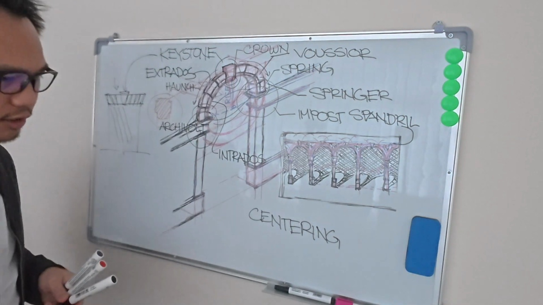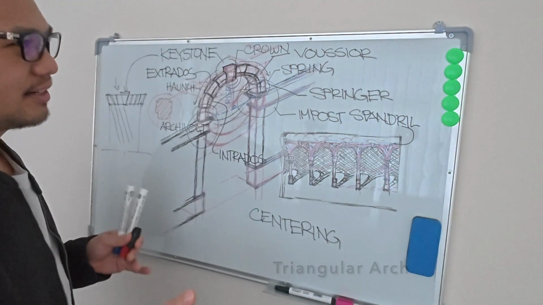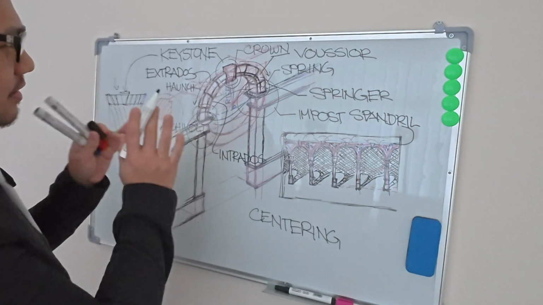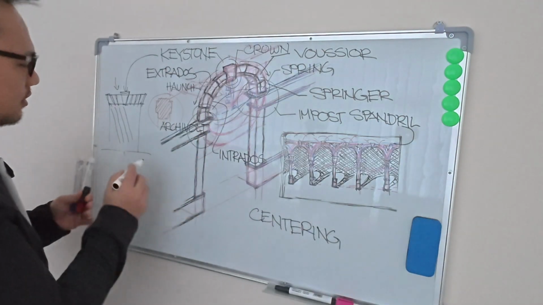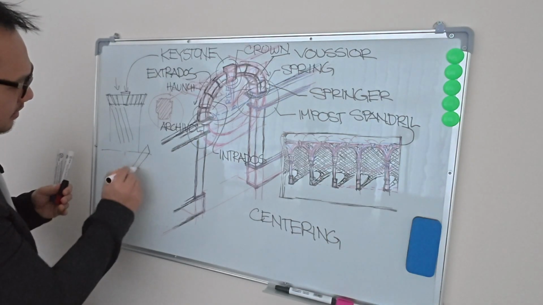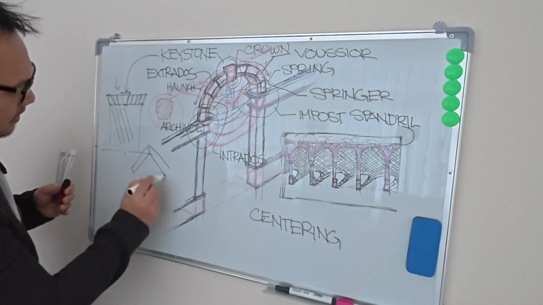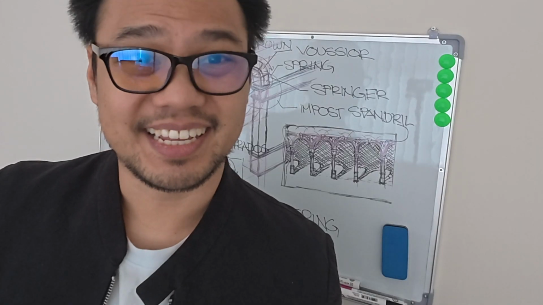Another type of arch that we have is what we call the triangular arch, okay? The triangular arch differs from the typical arch setup because it no longer has a keystone. Instead, it has two pieces that wedge up against each other, or rather lean against each other.